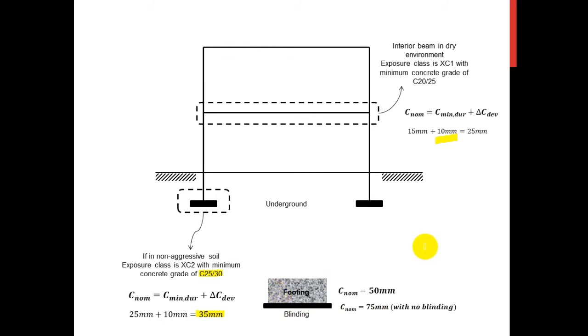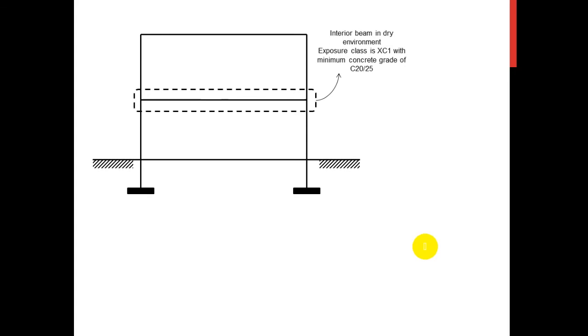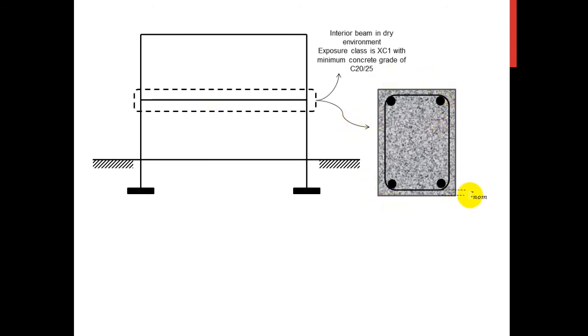Alright, let's now see a more practical example. For the same interior beam, suppose the cross section is as seen, I want to determine the nominal cover. And assume that the rebar here has a diameter of 25 millimeter and the link here has a diameter of 8 millimeter.